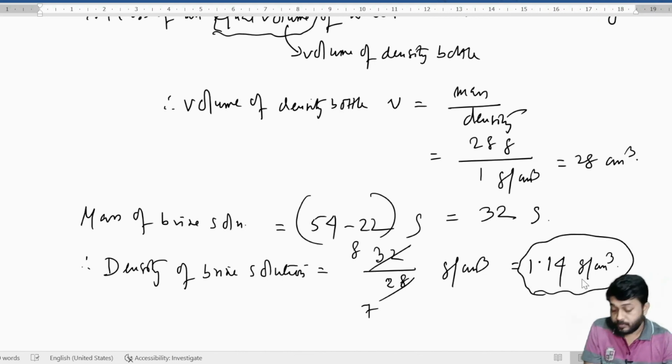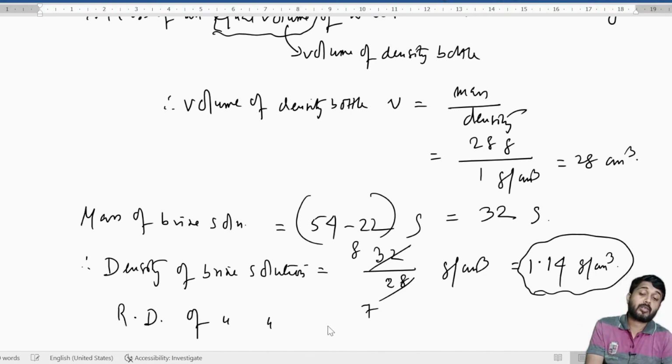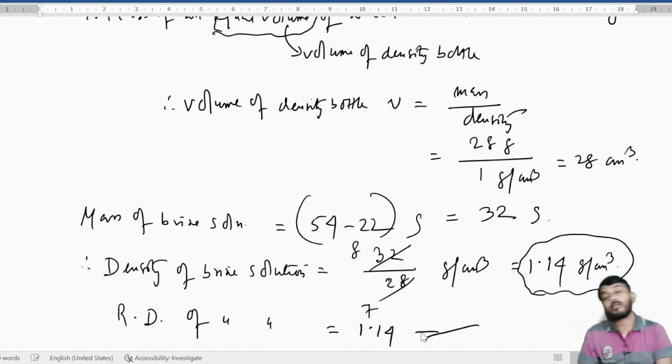All right, now what should be the relative density of brine solution? RD of brine solution equal to 1.14 only, because I've told you already that the value for relative density and the numerical value of density in CGS system are same, right?